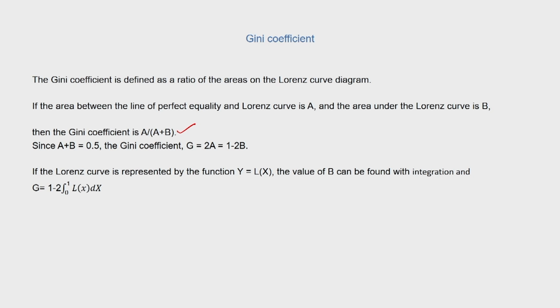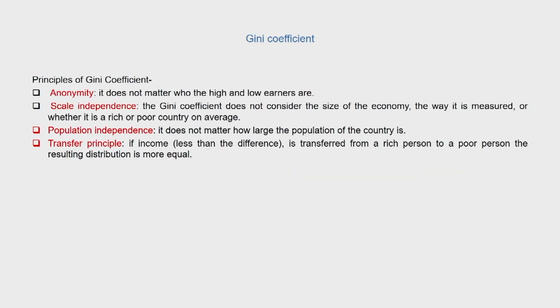And since A plus B is equal to 0.5, the Gini coefficient G is equal to 2A, that is equal to 1 minus 2B. It is important to note that one of the reasons why the Gini coefficient is the most widely used measure of inequality in economics is that it satisfies most of the principles that provide us guidelines for how an inequality measure should look.